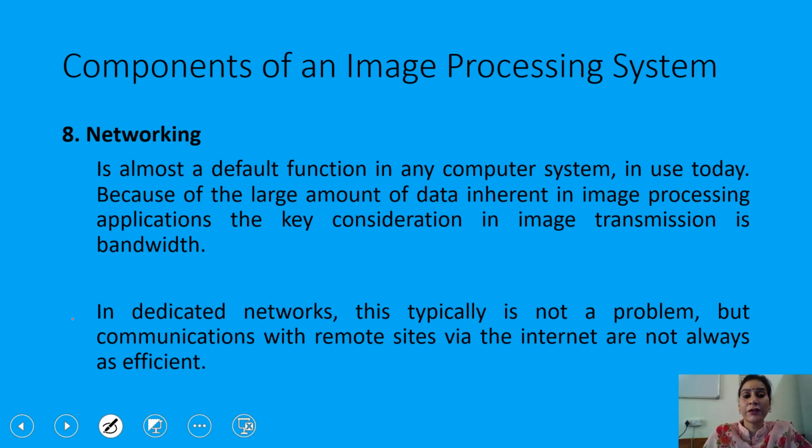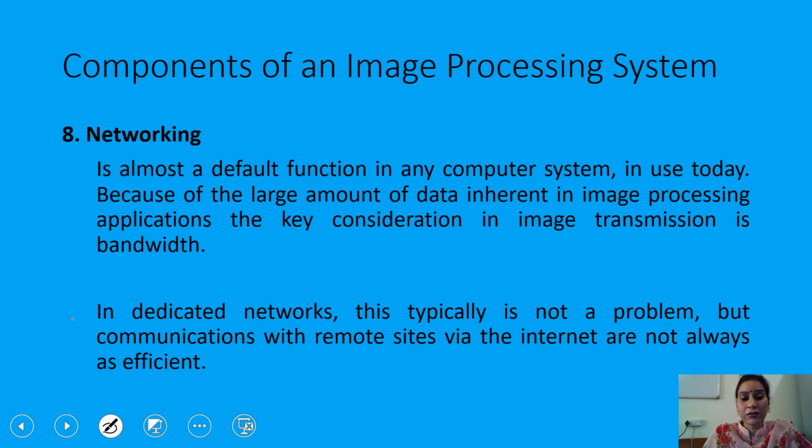Then networking is almost a default function in any computer system in use today. Because of the large amount of data inherent in image processing applications, the key consideration in image transmission is bandwidth.